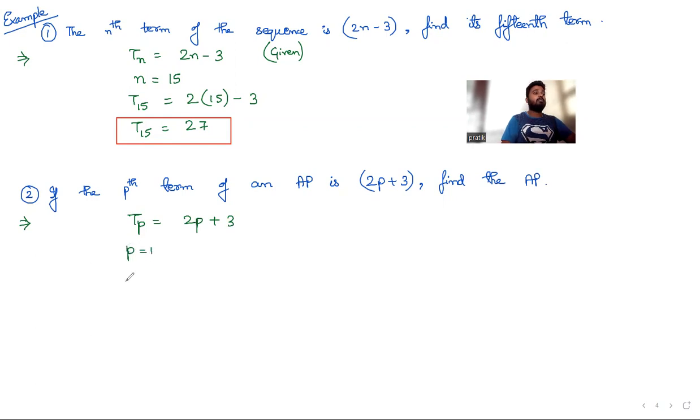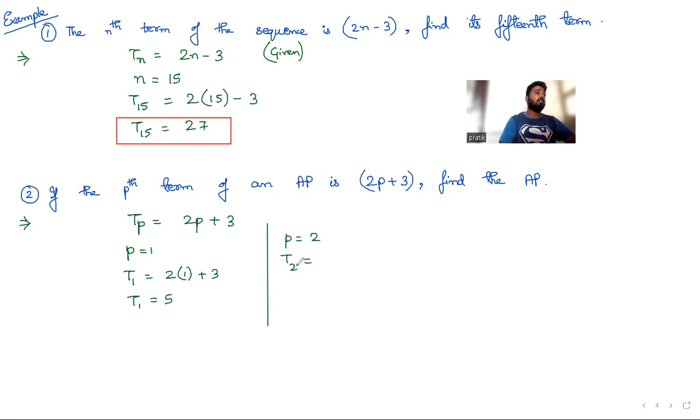That means I'll get my first term. So T1 is 2 into 1 plus 3, that is nothing but 5. T1 is equal to 5. Similarly, I'll substitute p equal to 2. So that time I'll get T2.